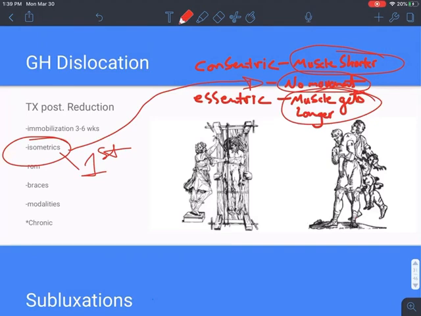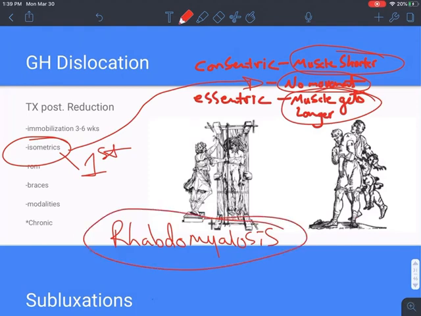Just as a side note real quick, there's something called rhabdomyolysis. I think that's how you spell it. It's essentially where your kidneys become overloaded with the breakdown of muscle protein, and you could die from rhabdomyolysis.